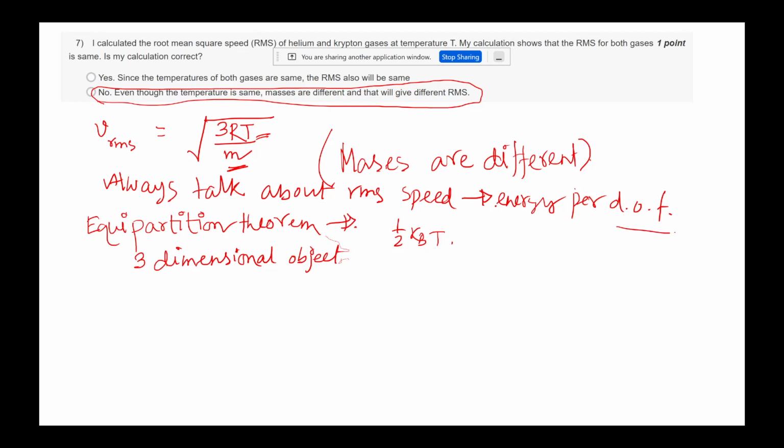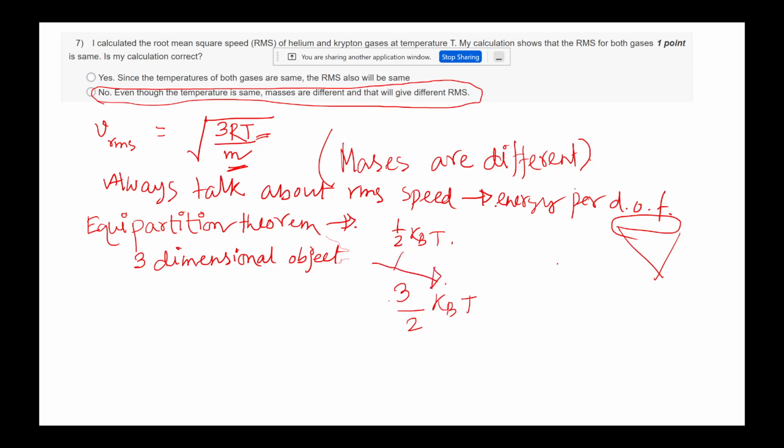So here we talk about the three-dimensional RMS speed, not a one-dimensional speed. If for one degree of freedom it is half kT, then for three degrees of freedom it will be 3/2 kT.